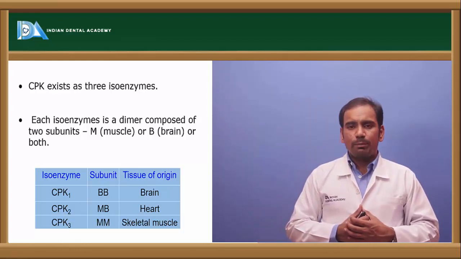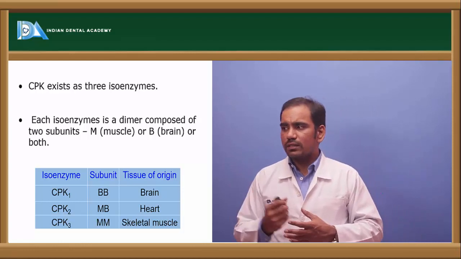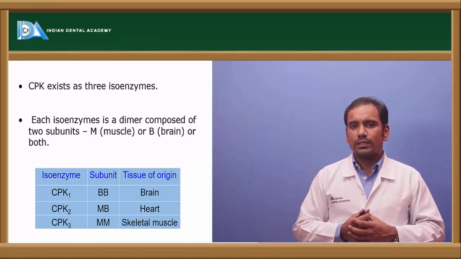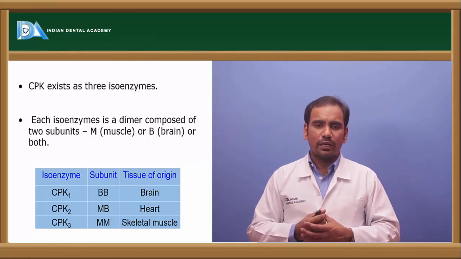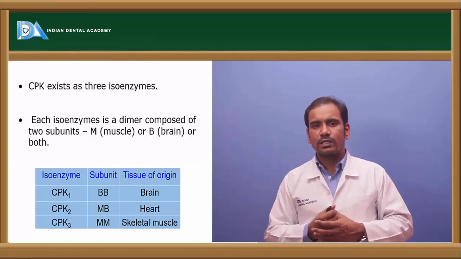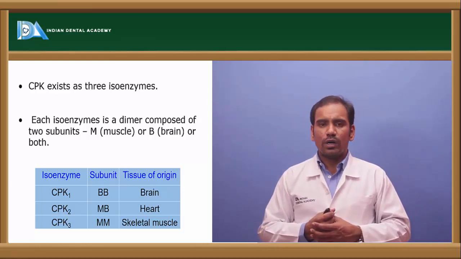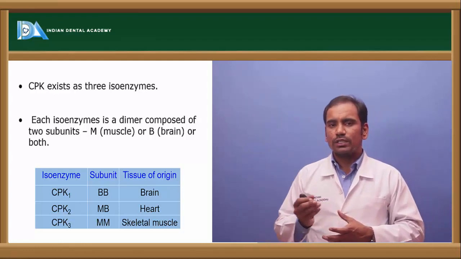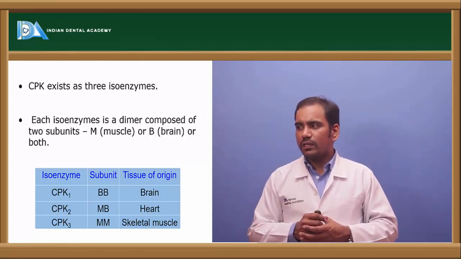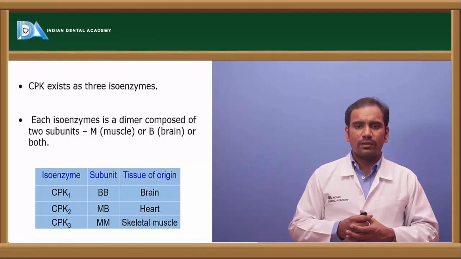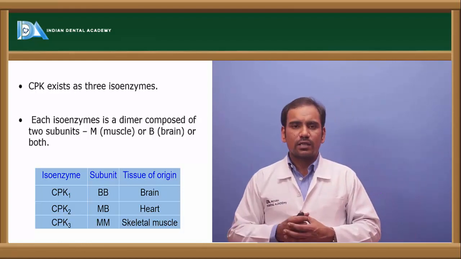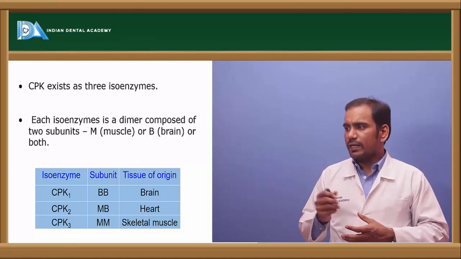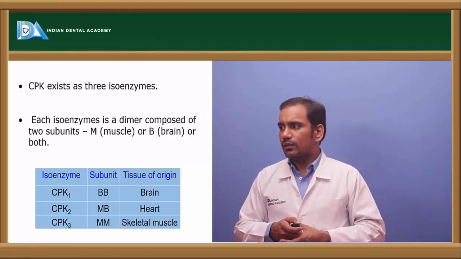CPK1 has BB subunits and is present in brain. CPK2 or CKMB has MB subunit composition and is present mainly in heart. CPK3 has MM composition and is present in skeletal muscle.